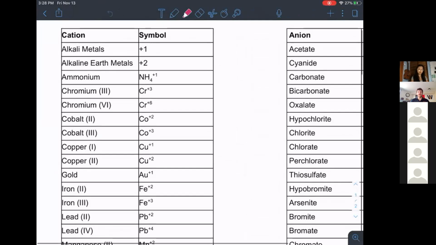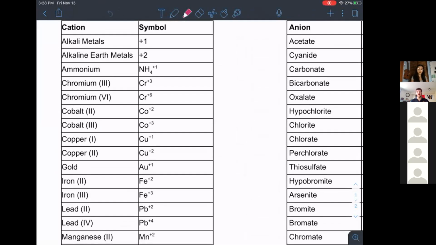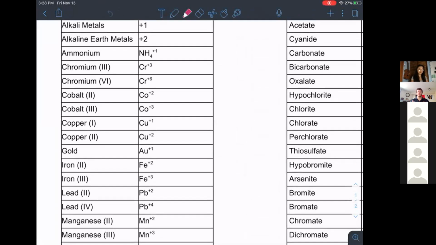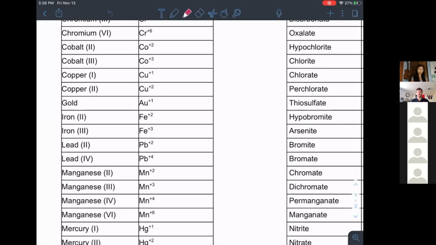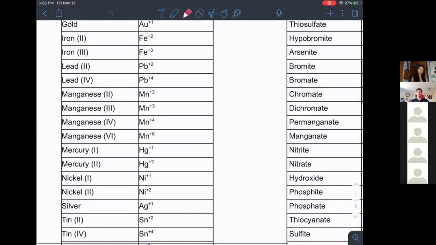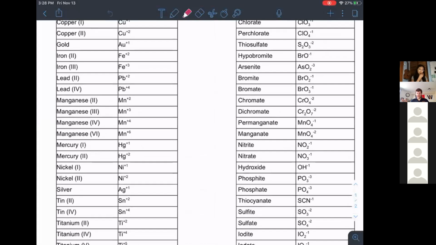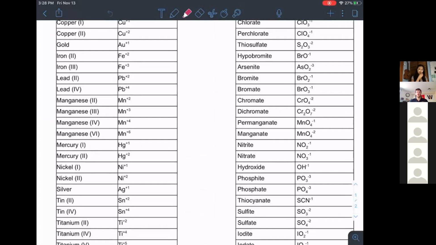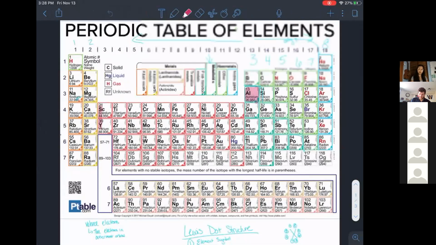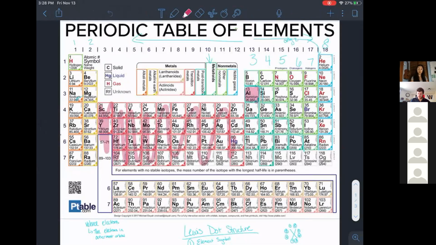But if we look at things like chromium, cobalt, copper, iron, lead, manganese, mercury, nickel, silver, tin, titanium, almost all of these are found, if we look at our periodic table, right here in this section, except for tin and lead, which are special circumstances right here.